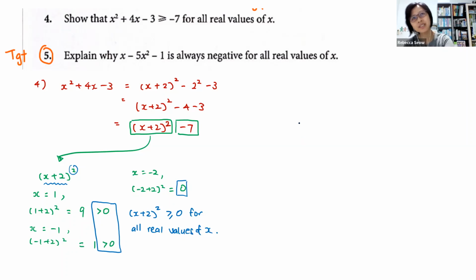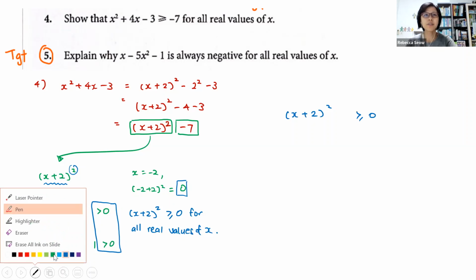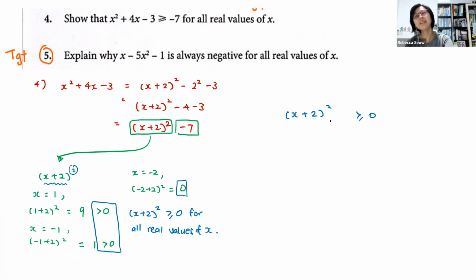Now, with this understanding, I am going to add something to both sides of the inequality. I'm going to add in a minus 7.